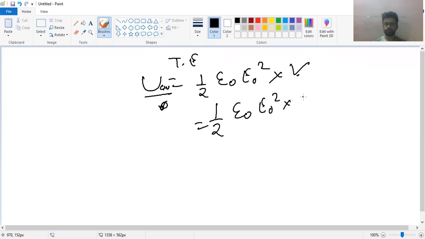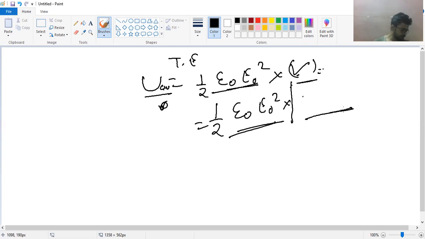Dimensionally over here it should be meter cube, otherwise everything is the same. We will try to write this in a different manner.